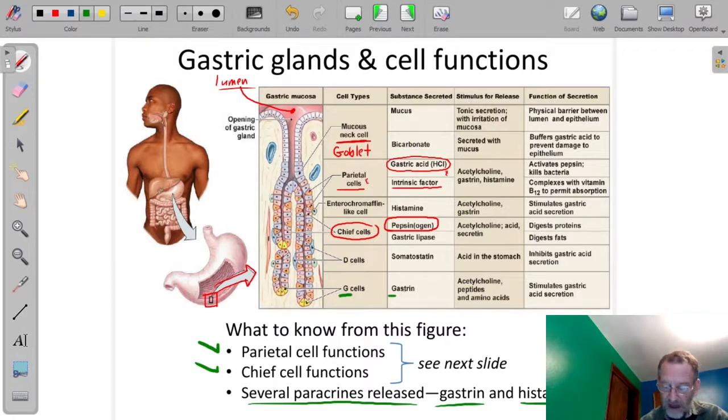G for gastrin, so those are the G cells. The histamine I don't really care about, as long as you remember that it is produced in the stomach mucosa. And we'll take a look at its role shortly.